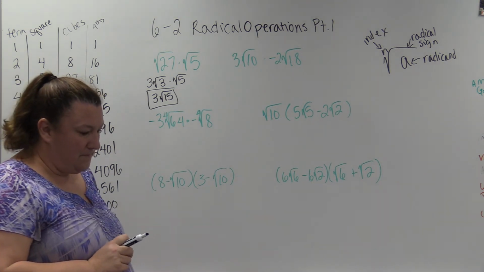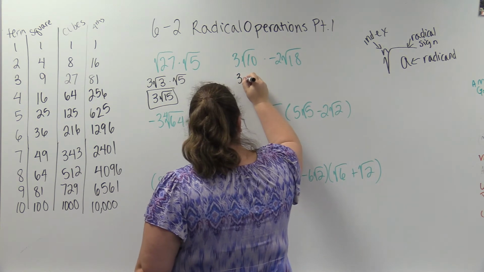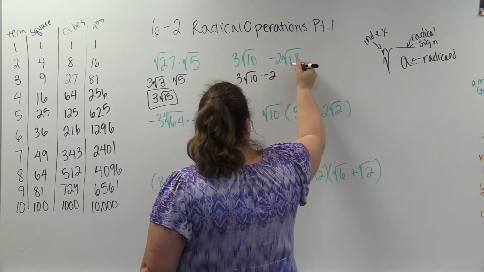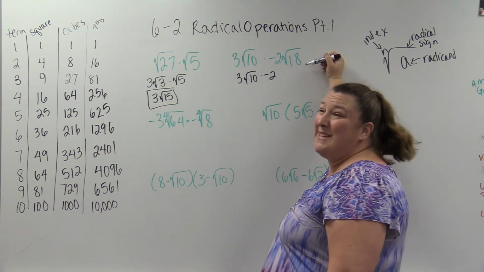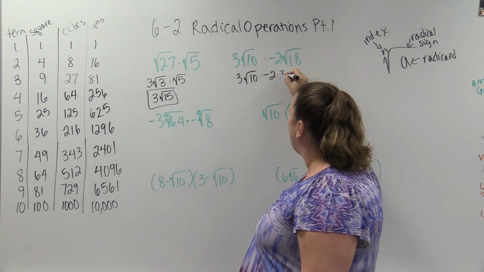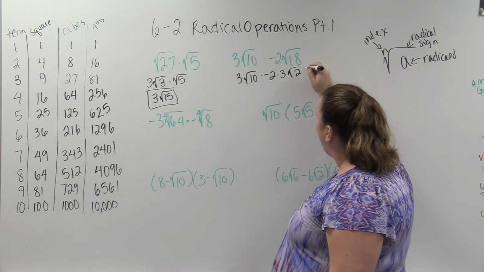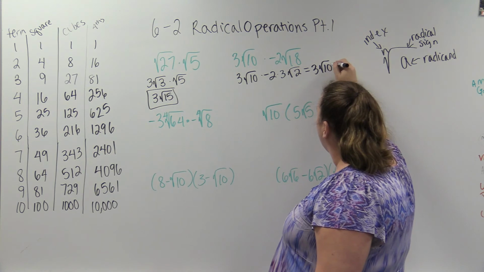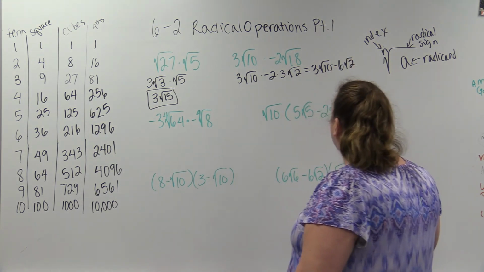Now, I have 3 square roots of 10 times negative 2, and we're still talking about square roots. And I know that 2 times 9 is 18, so the square root of 9 is 3. So I know that this becomes 3 square roots of 10 minus 6 square roots of 2, times 6 square roots of 2.